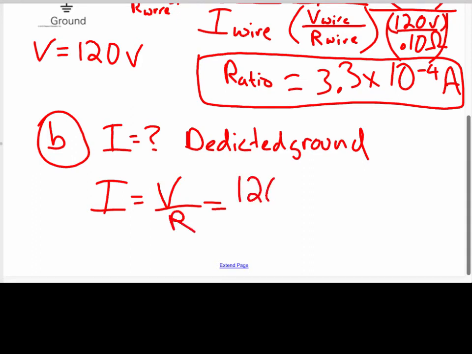So I've got 120 volts divided by 0.10 ohms. And by the way, I want to point out that the current through you is a very small number. You have almost no current, nothing that will hurt you. And this gives you an idea of how much is going through the dedicated wire. If you do the math on that, that's 1,200 amps.